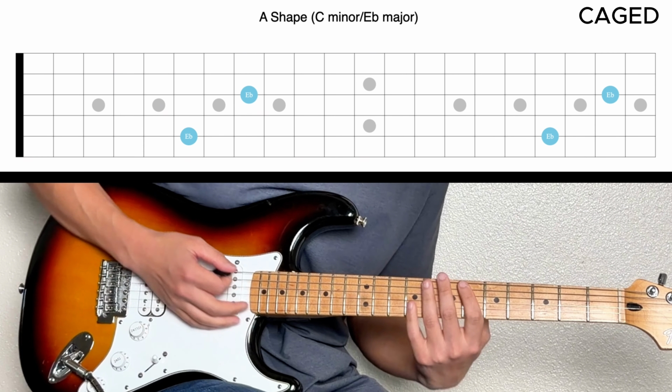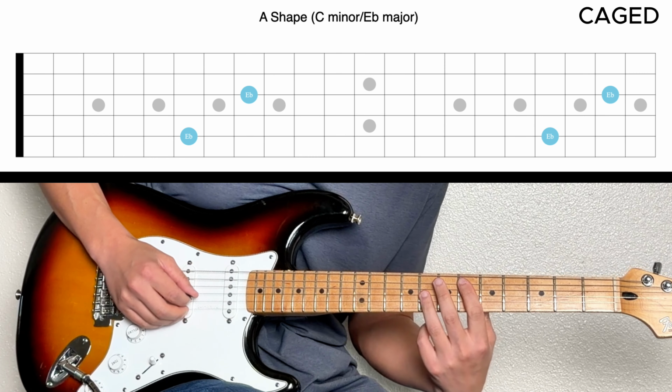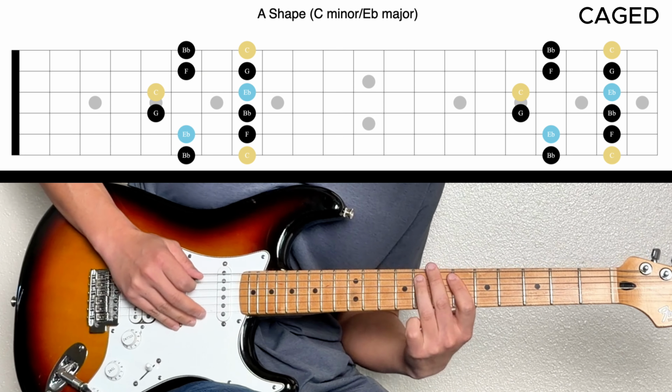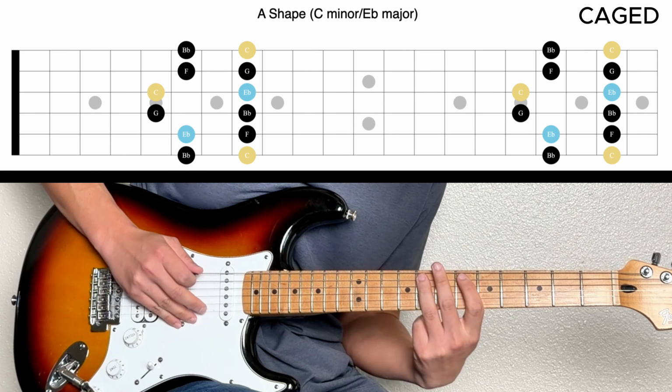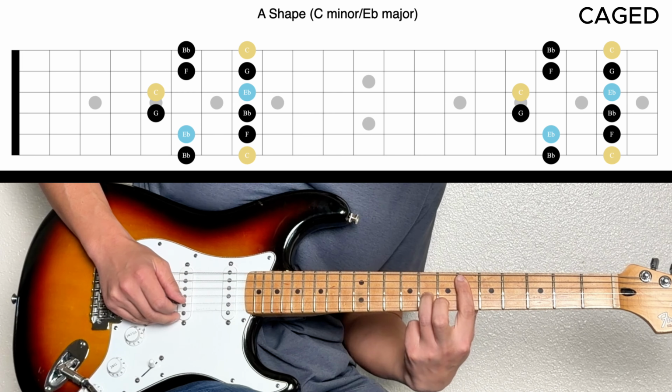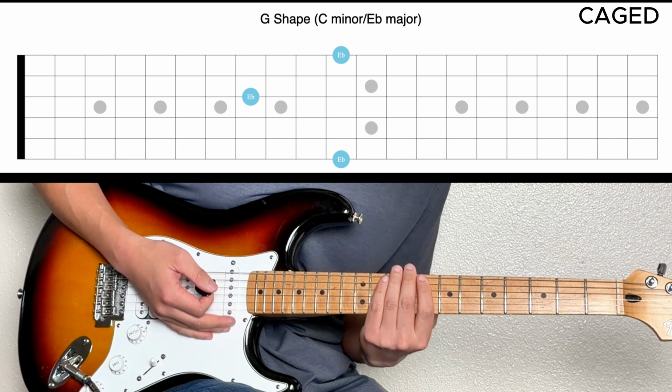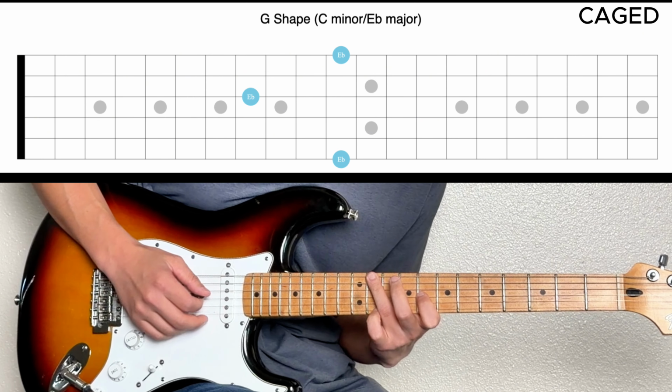Now the A shape of E flat. Okay, now here's the G shape of E flat.